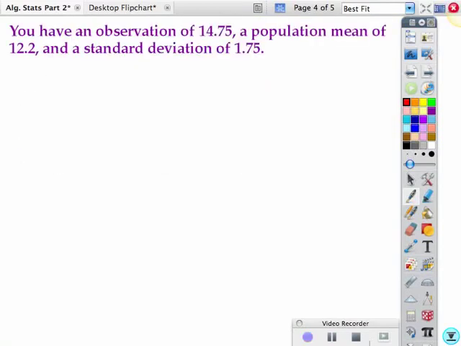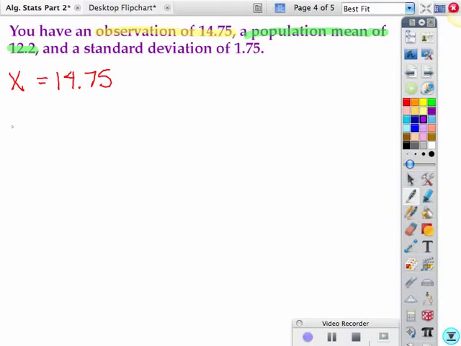So here we have an observation of 14.75, and what that represents is that our x is 14.75. That's the value that we're looking at. Then we have our population mean, and of course you already know that the population mean, or mean, is just the average from our information.